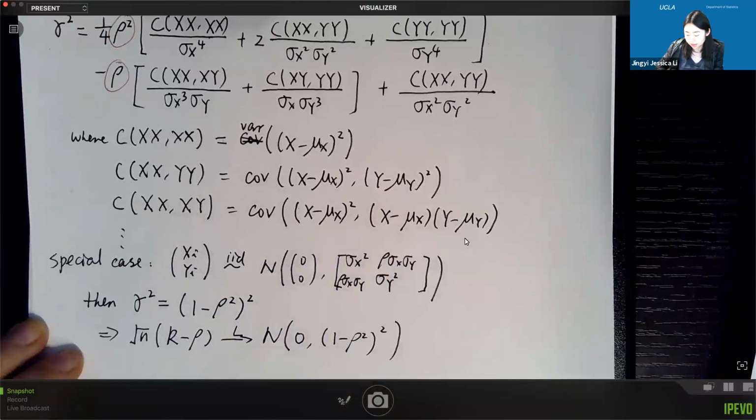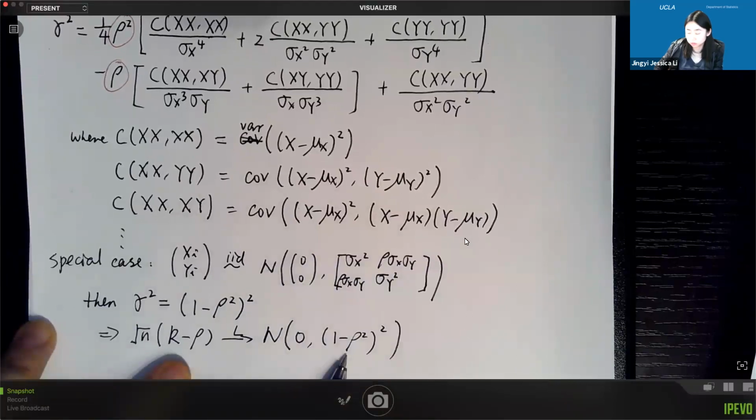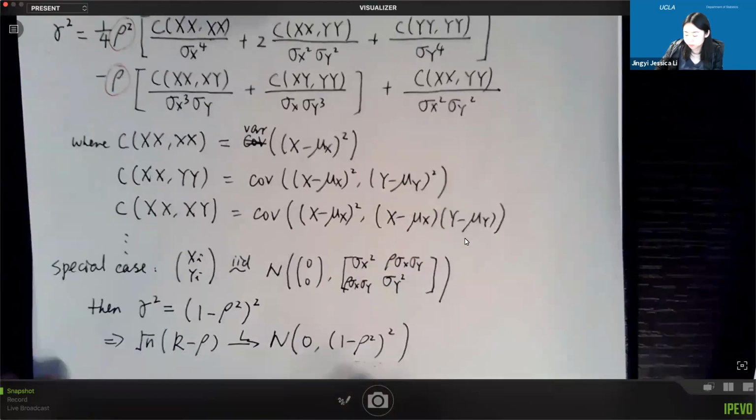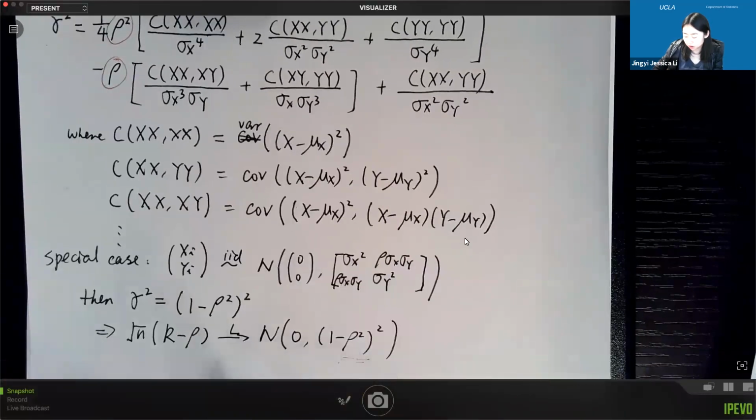That's it. And then you can see when rho is 0, my variance term is equal to 1, right? And if rho is non-zero, then rho squared is positive, and this variance term is getting smaller. So I'm doing better. The r will have a smaller variance for a larger absolute value of rho.